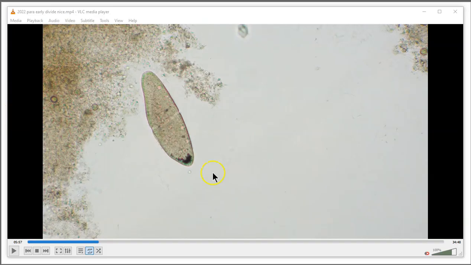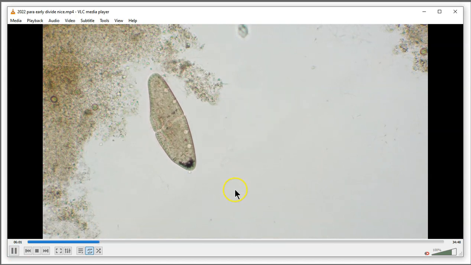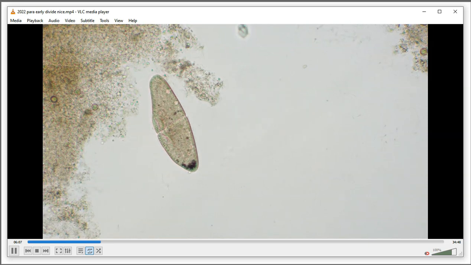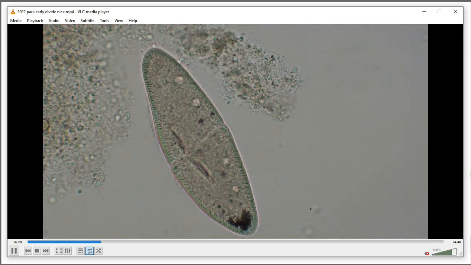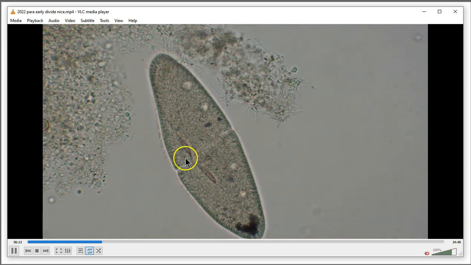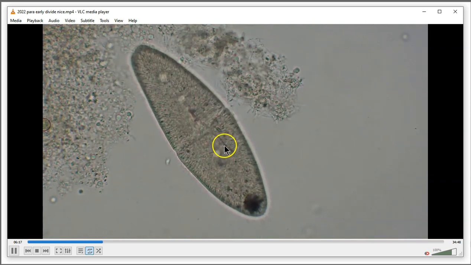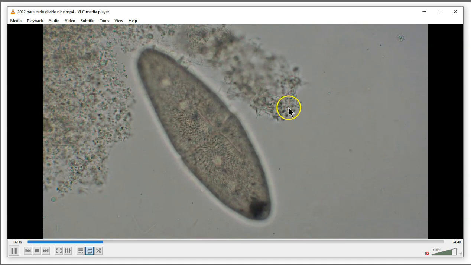Let's take a look. All right, here we see a paramecium in the early stages of cell division. Now, by this time, it has duplicated its chromosomes, and the nuclear membrane has broken down so that the identical sets of chromosomes can be delivered to each side of the cell. And then the cell's going to divide right here. We're starting to see the groove here that will mark the separation between the two daughter cells. By the way, we see some bacteria in the environment.